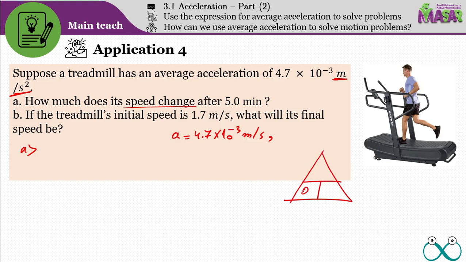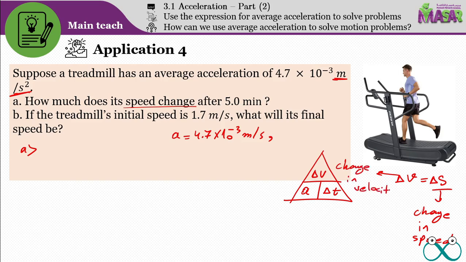So A, delta V, and delta T. Since here in this particular case, the delta V is equal to delta S, where delta S is the change in speed, and delta V represents the change in velocity. So the delta T here is given by 5 minutes.